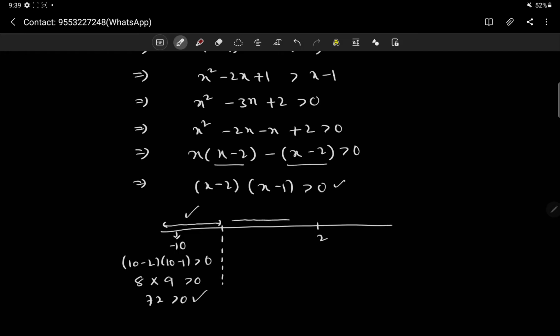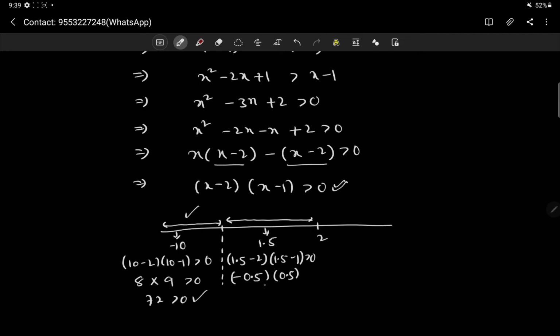Now you apply values from 1 to 2. For example, I am applying 1.5 in this statement. Then we get (1.5 minus 2) into (1.5 minus 1) greater than 0. So this is minus 0.5 and here 0.5.